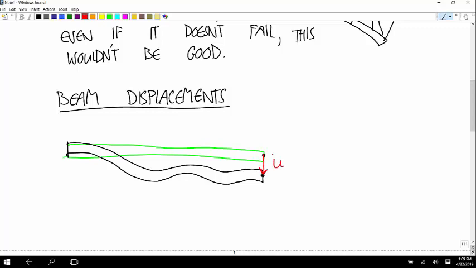You can think of this displacement u as, every material point has a vector that goes from where it was to start with to where it is at the end. This is the beam displacement of one material point. You could draw this vector for each one of these points.